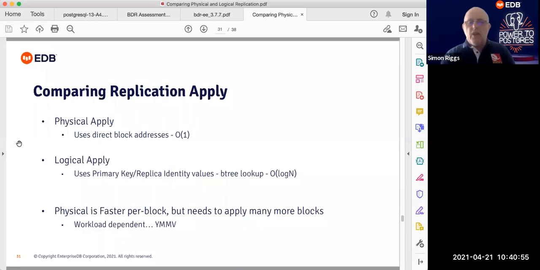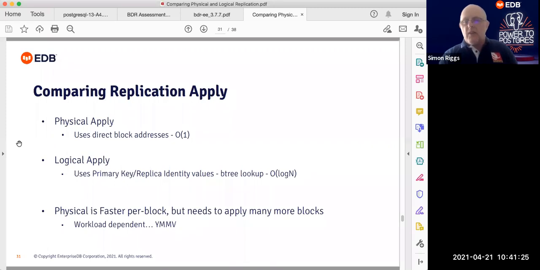So replication architectures, it's important to understand how the replication mechanism works in order to understand performance. With physical replication, the data blocks are passed directly from the origin to the target, and those changes are applied to specific block addresses, which means that we're able to just look up that one block.